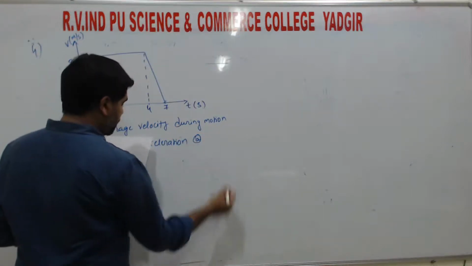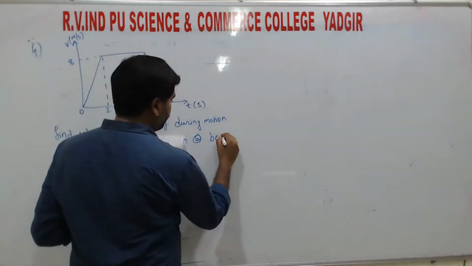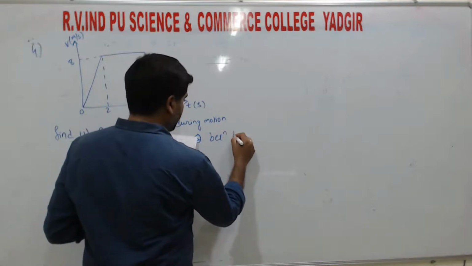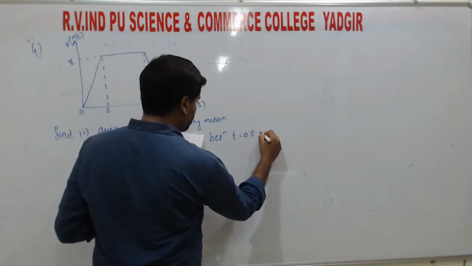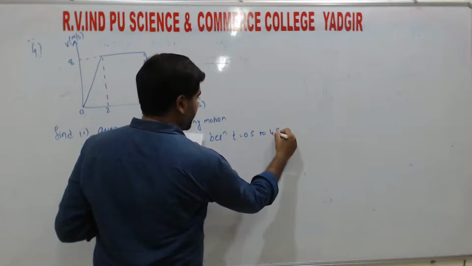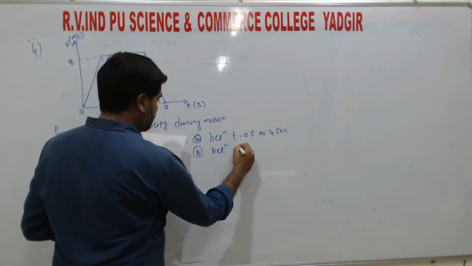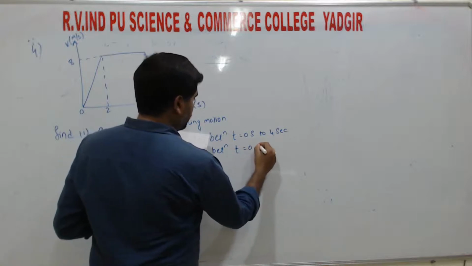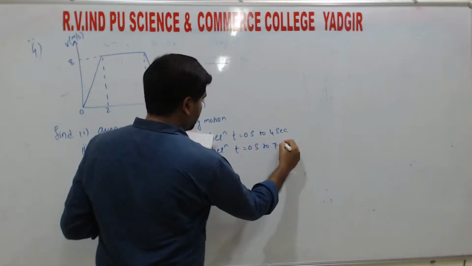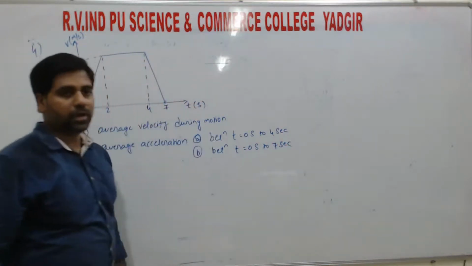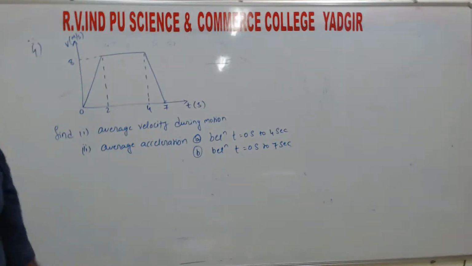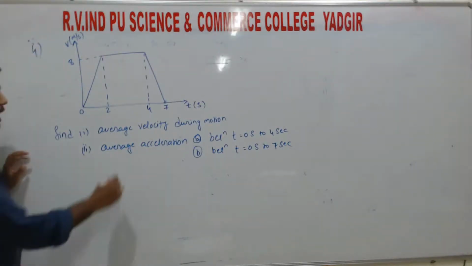So the first one, between t equals 0 seconds to 4 seconds. Again, between t equals 0 seconds to 7 seconds. Right? So from this graph we are going to find the average velocity.